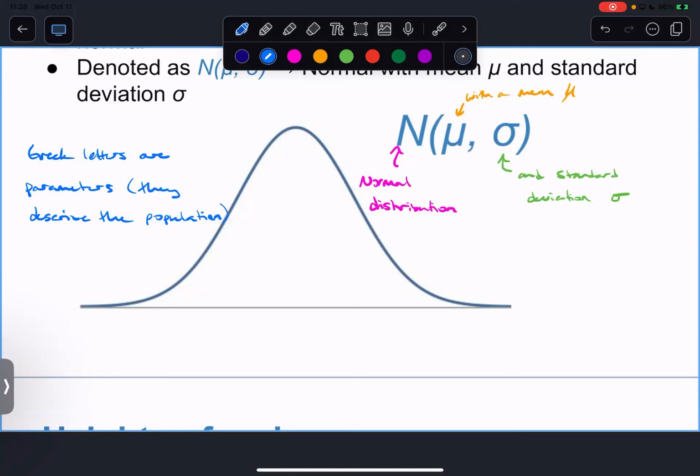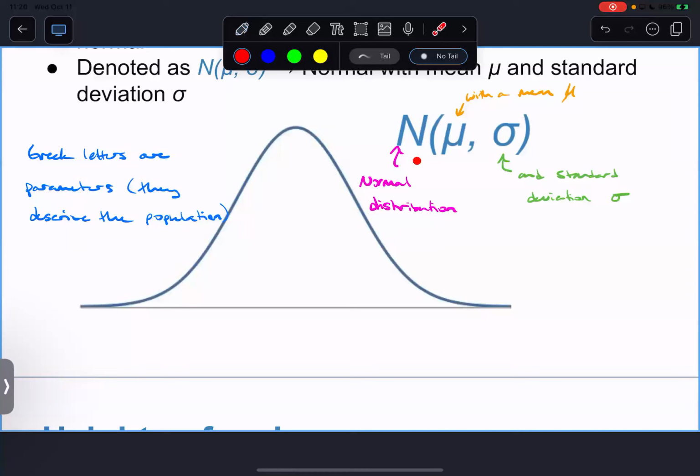So if you know the mean and the standard deviation of the population of US adults, for example, then you can find probabilities associated with finding someone who's, I don't know, 6 feet tall, right? It's the probability of being taller than that, right? And so that's where we're headed.